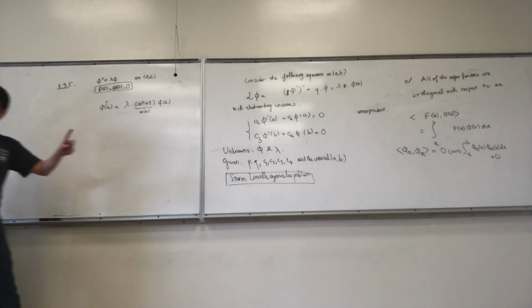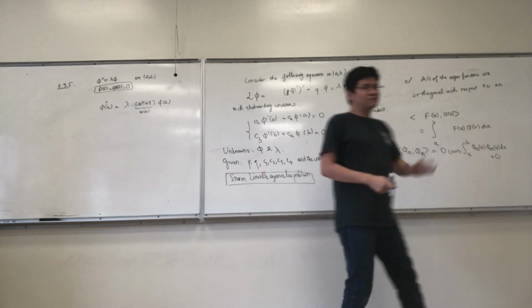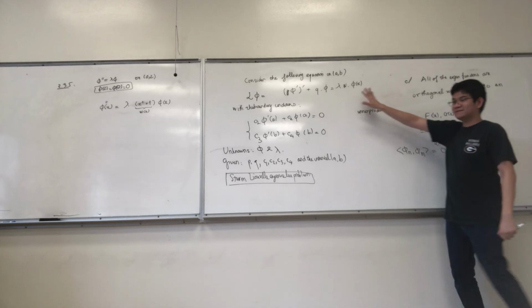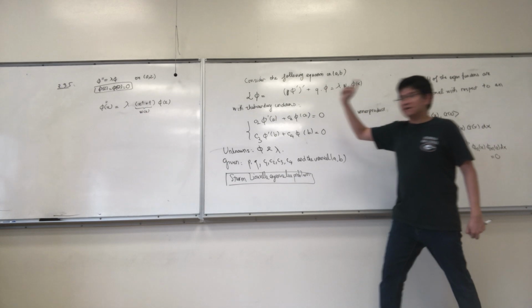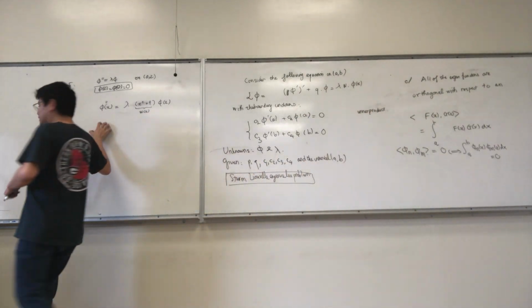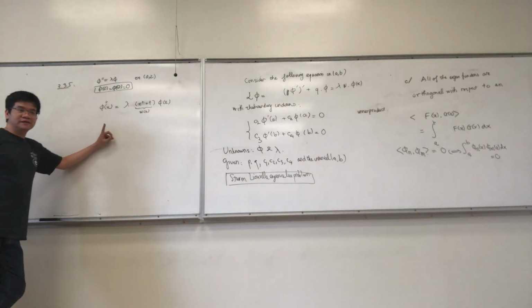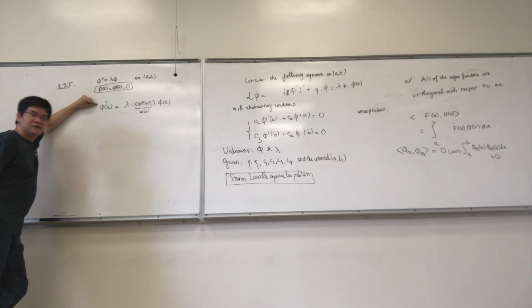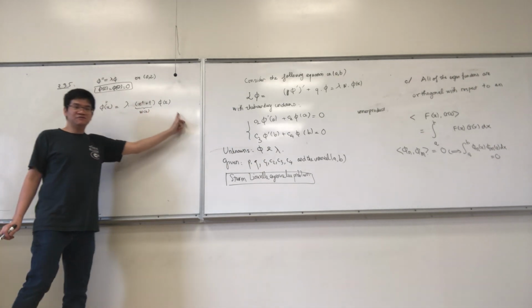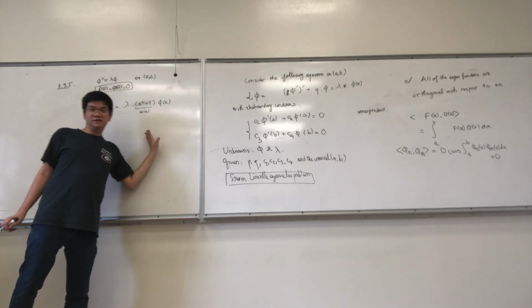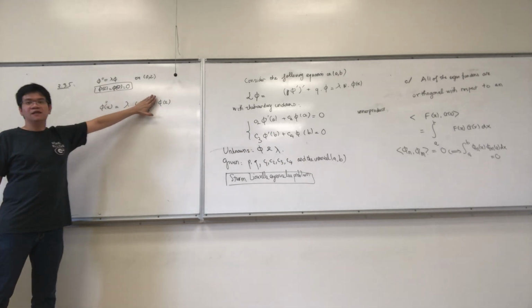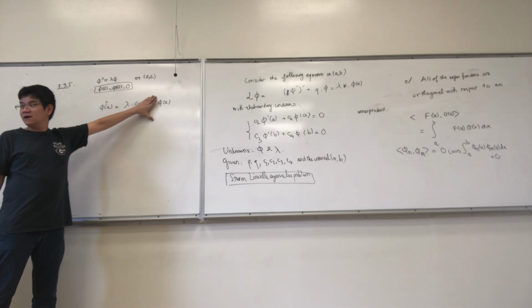Now I'm trying to make this problem a little bit harder. I'm going to put a w here, which is a weight. Coming back to this eigenvalue problem, what we want to find is a function phi such that the second derivative of this function is lambda times phi multiplied with another function, x squared plus 1. This is more difficult, right? In the previous one you have all of the sines and cosines, but now you have this weight.